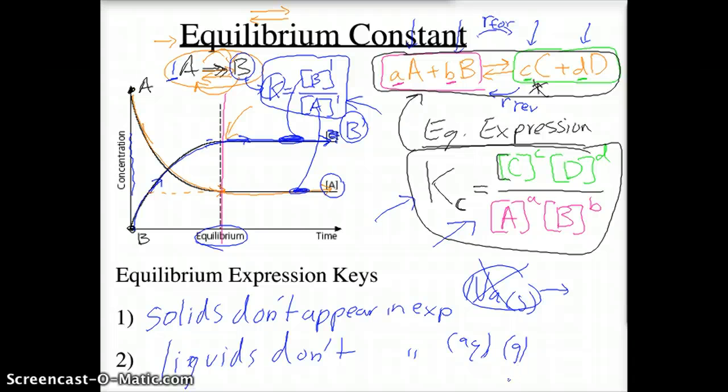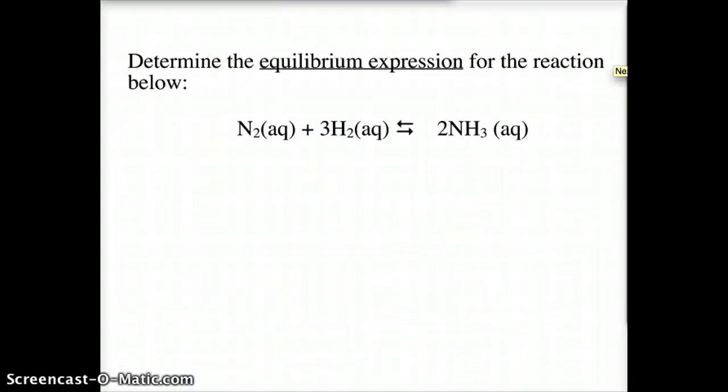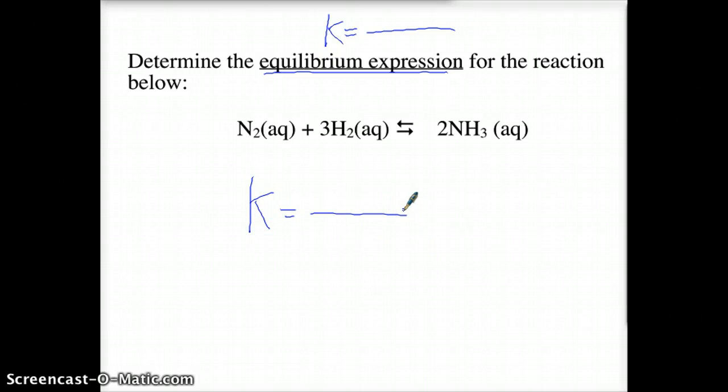So let's get some more practice. Let's say you had this question. Determine the equilibrium expression. I've underlined this because you need to know what that means. That means K equals something, for the reaction below. What is that K equals something? It's products divided by reactants.